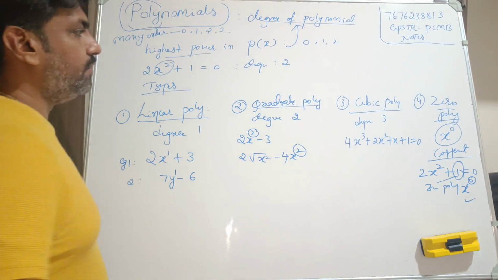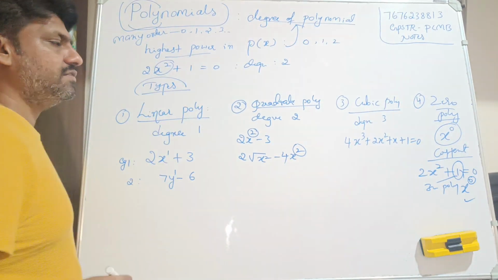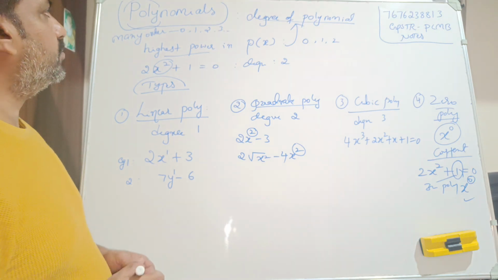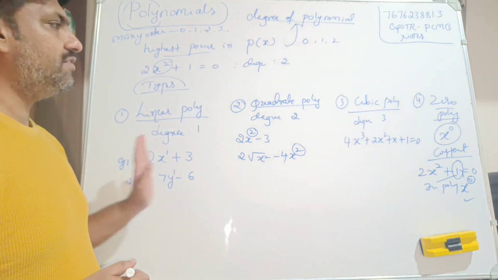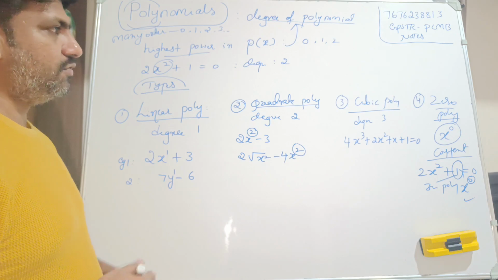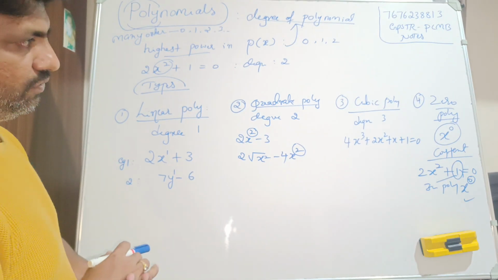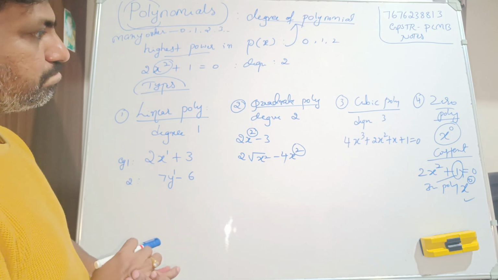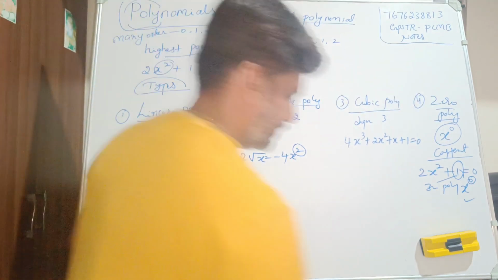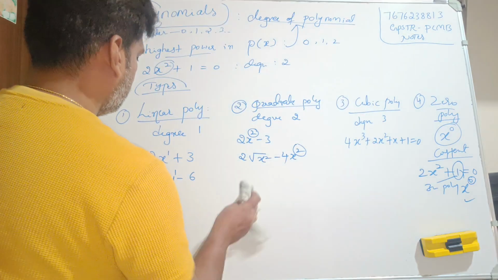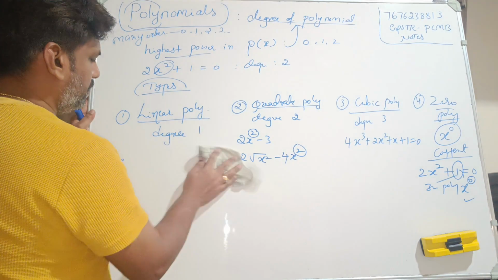So these are the types of polynomials, right? We'll solve problems based on this definition as well as these types, and also we'll see the relationship between these coefficients and zeros, right? We'll solve this so that you will better understand apart from the theory.